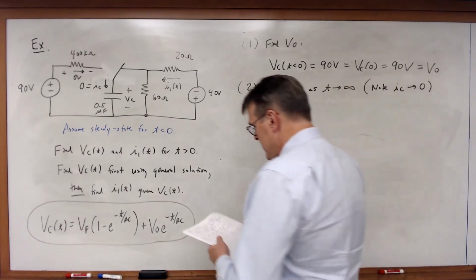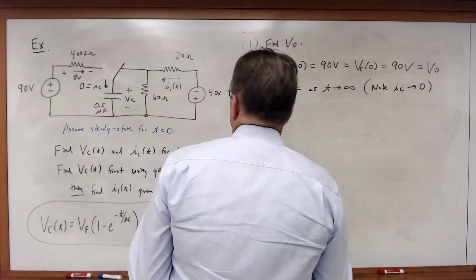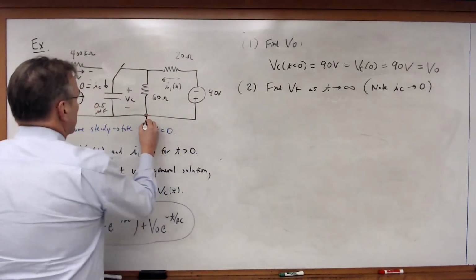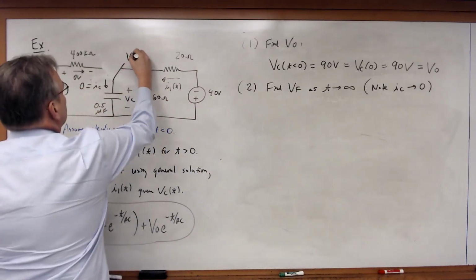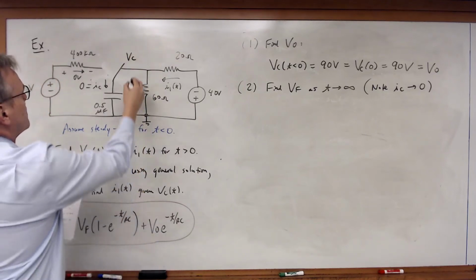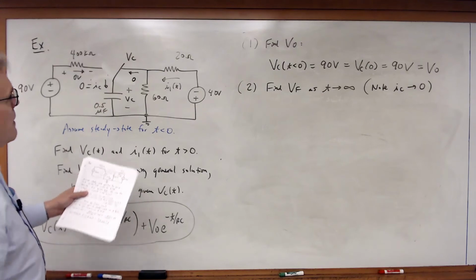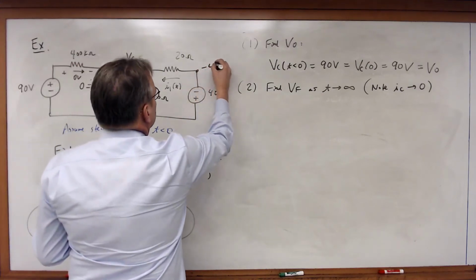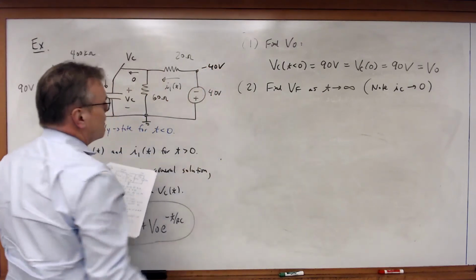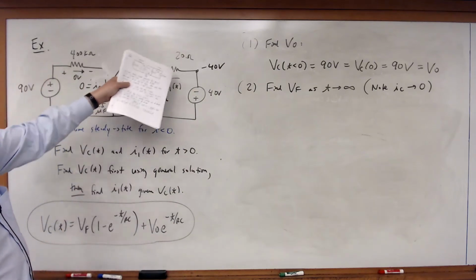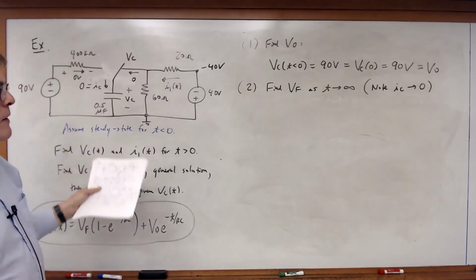And therefore, in this case, what we get is that if I ground this, and this voltage is VC, and there is 0 current flowing through the capacitor, this is minus 40 volts. Notice the polarity of that voltage source. And I've got nothing but a voltage divider here.